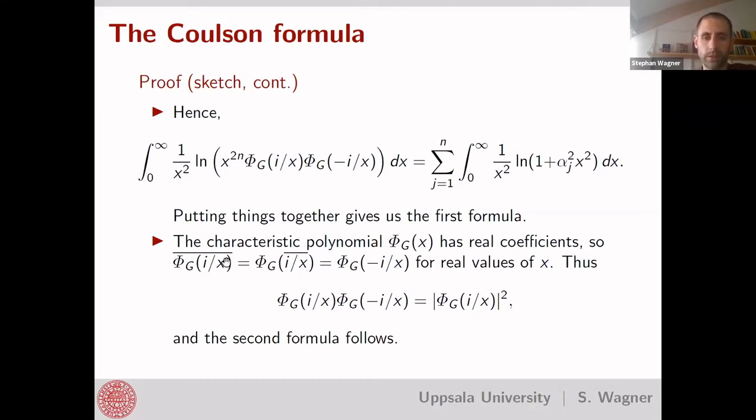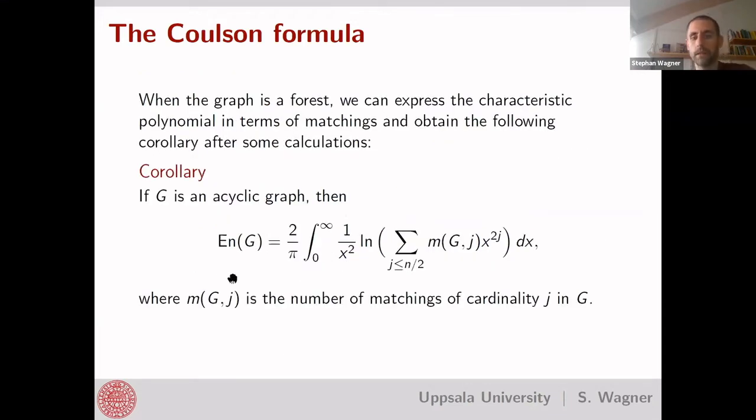And then you get the second formula out of it. One particularly nice special case of it is if the graph is a forest, because then we know that the characteristic polynomial can be expressed in terms of matchings. And we obtain a nice corollary where the energy is expressed in terms of the matchings of the graph.